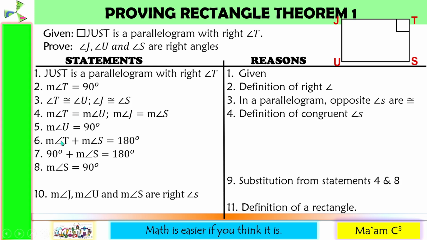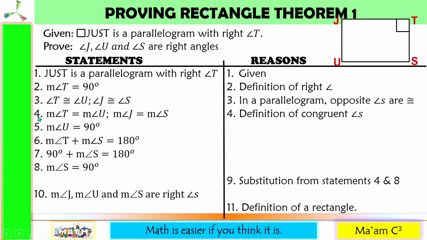Next statement is that the measure of angle U is 90 degrees. And how is that? Because from statement 2, it says here, the measure of angle T is 90 degrees.